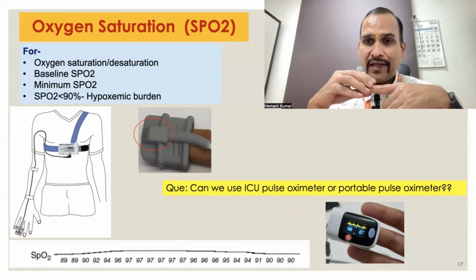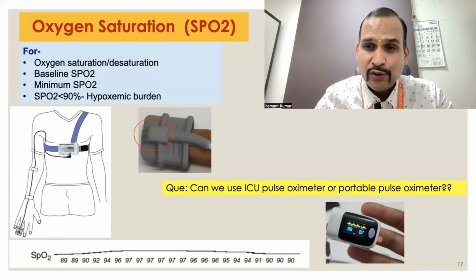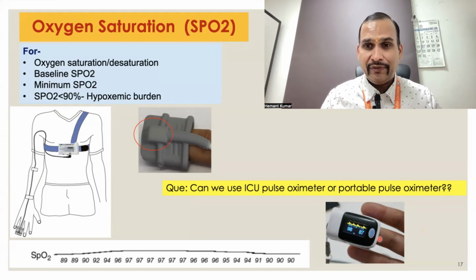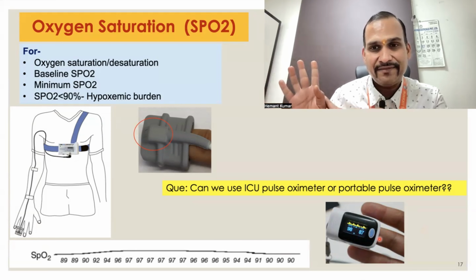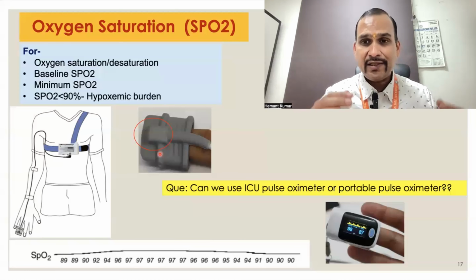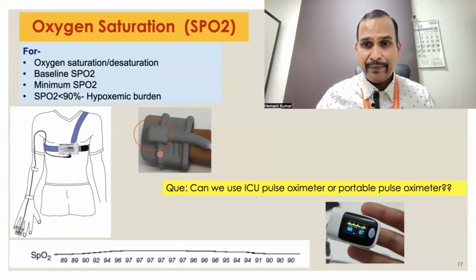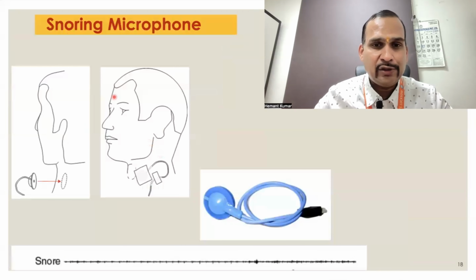So if anything happens in 10 or 15 seconds, this pulse oximeter will not detect low saturation or change in saturation. So we need a pulse oximeter which can detect change in SpO2 within 3 to 5 seconds. That is why we are using a separate pulse oximeter with a low sampling interval.